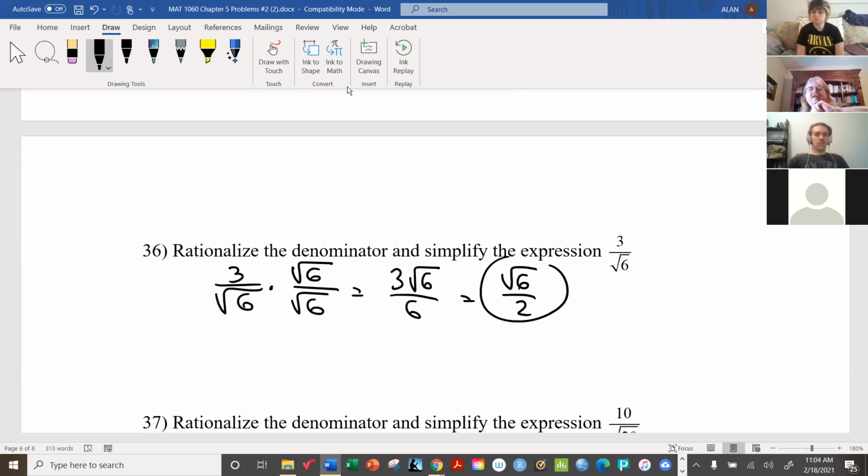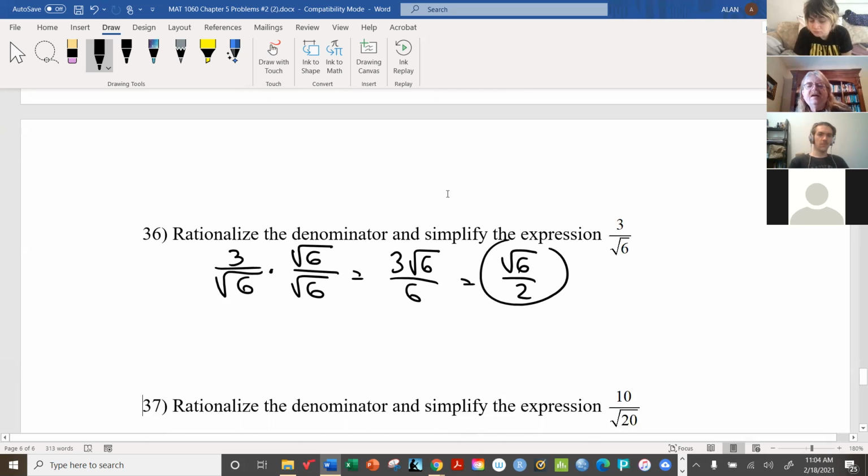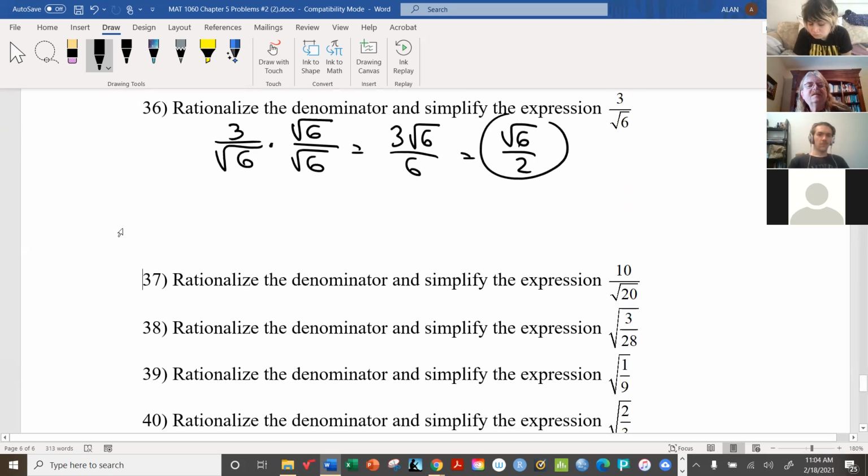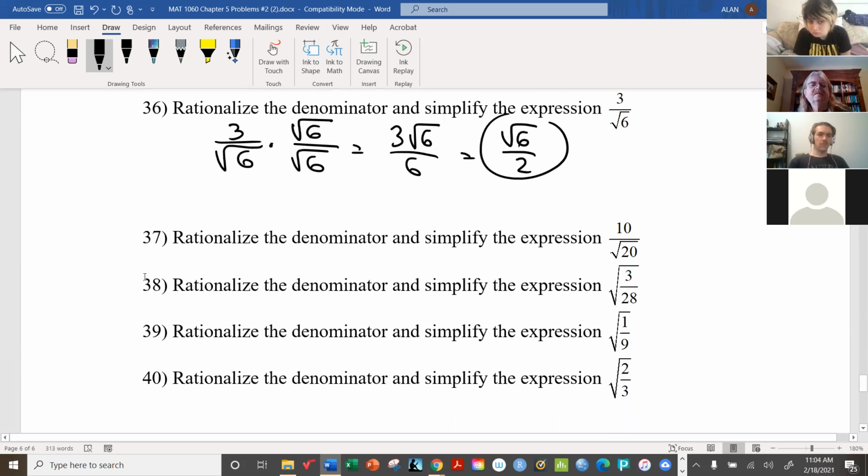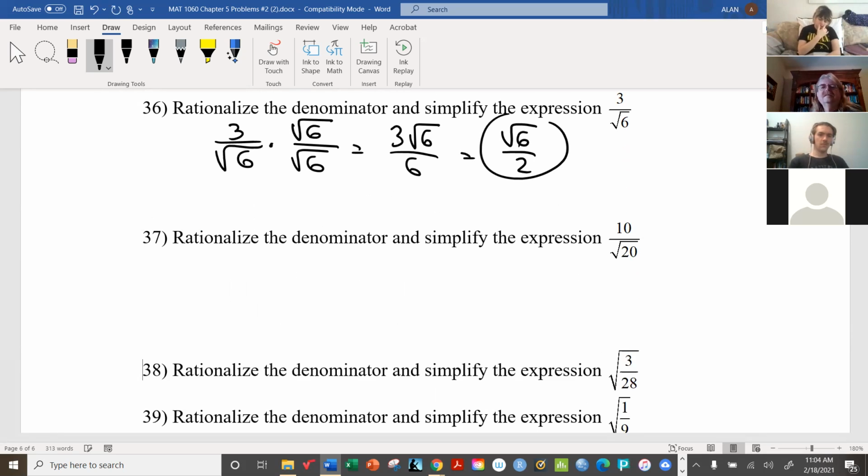No more simplification for us. All right, now we're going to do the same thing for this one. All right, well, you all know how this works now.